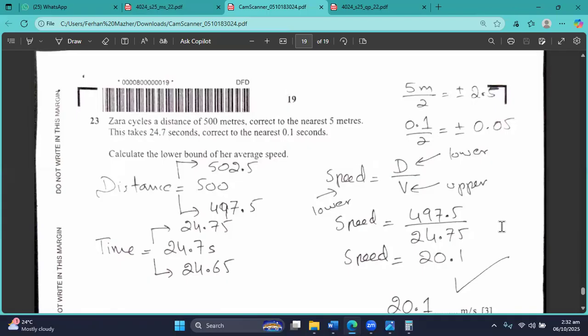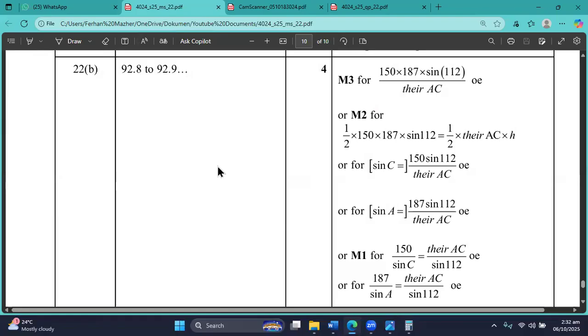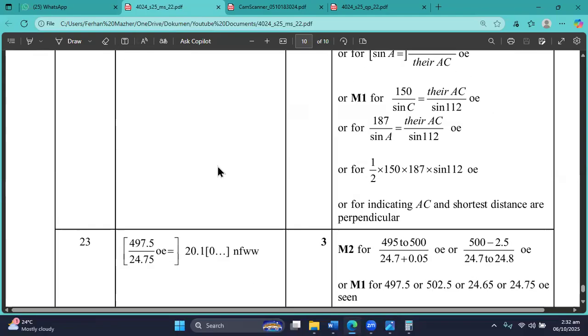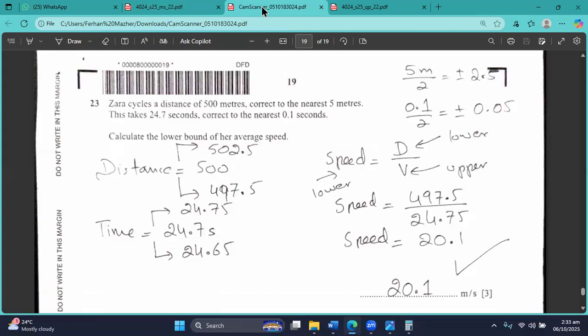So 20.1 meters per second is the lower bound of the speed. Let me check, sir. 20.1 is the right answer, sir. This is how this is done.